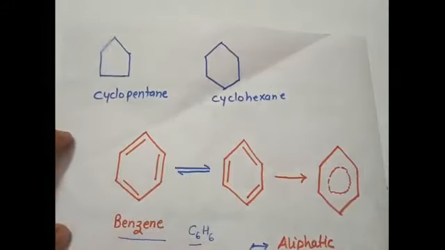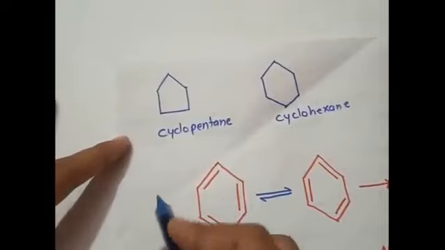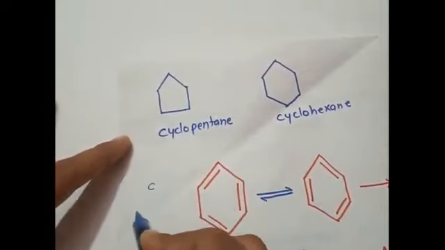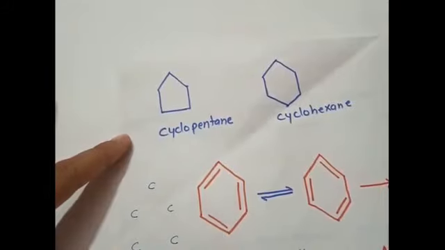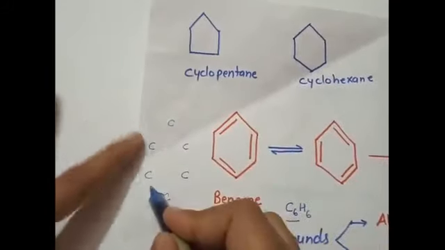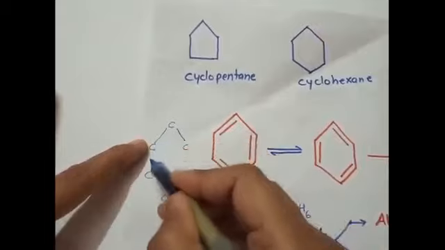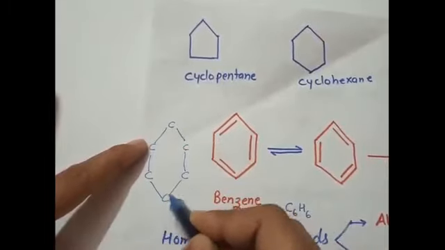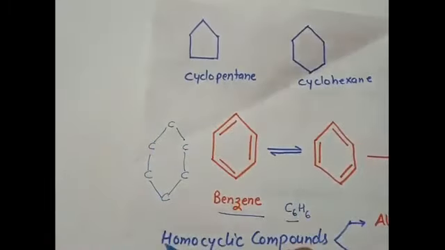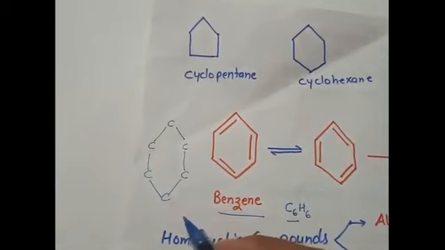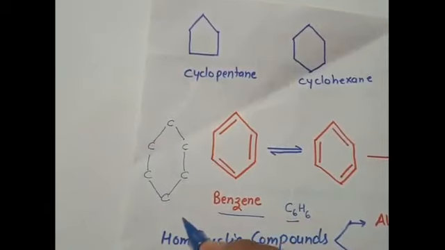Try to understand the structure: we have 6 carbon atoms in the form of a ring. First make single bonds in between them. Now, as I told you, benzene is an organic compound which has 6 carbon atoms in the form of a ring and double bonds at alternate places.